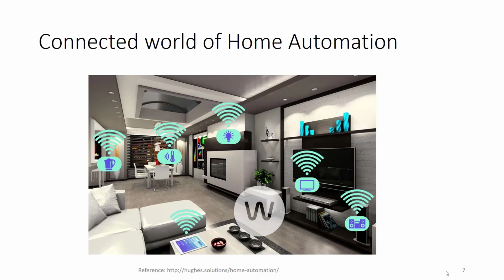So here we have a figure of a living room of a home where devices are connected with each other. We can see the television, music systems, coffee machine, temperature sensors, and lighting systems have connectivity over the network. And just imagine, since it is on the network, it has the same kind of attack surfaces which a network has.